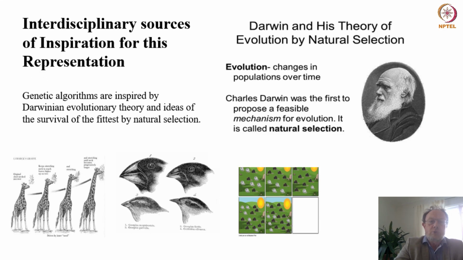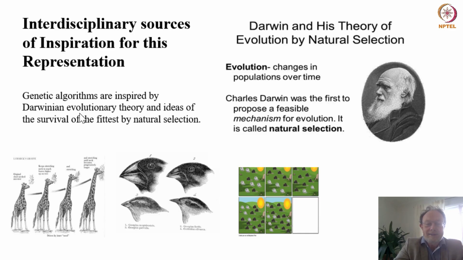So let's look for a moment at the interdisciplinary sources of inspiration for this representation. Genetic algorithms are inspired by Darwinian evolutionary theory and ideas of the survival of the fittest by natural selection.